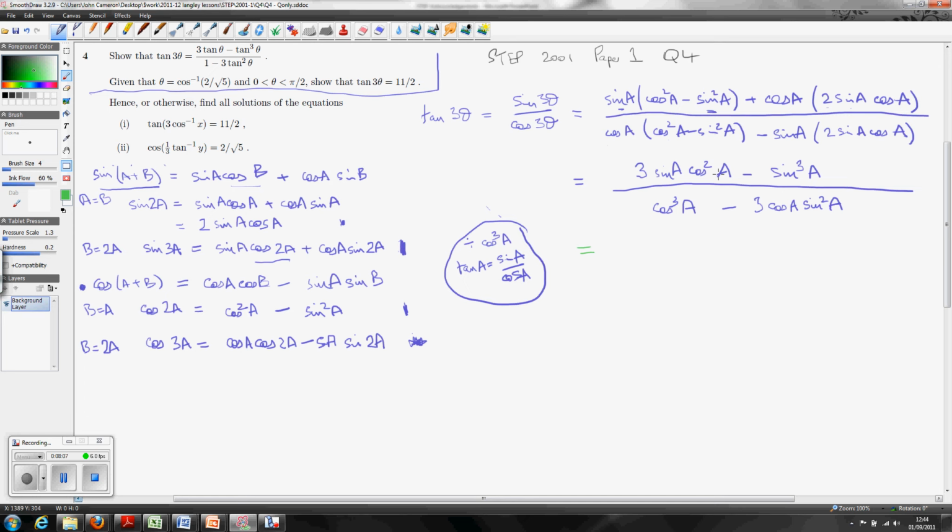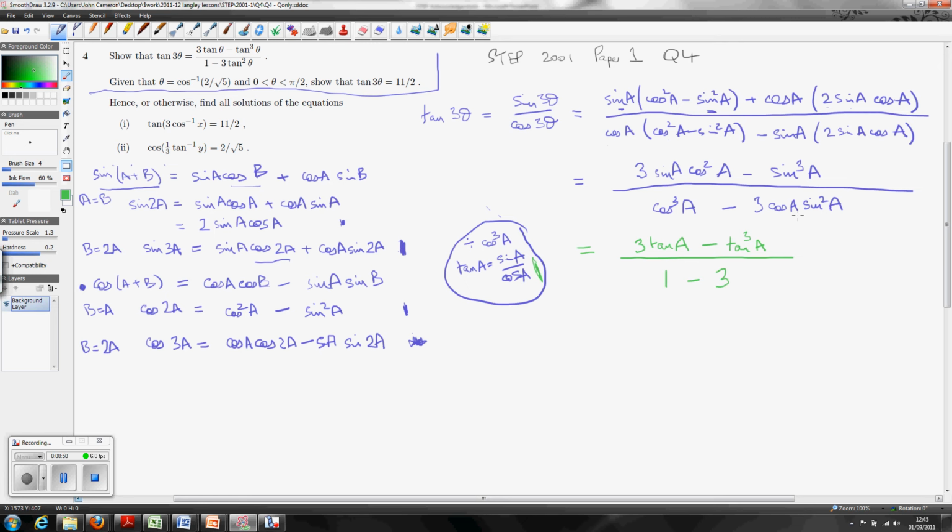So this is equal to, now I'm dividing by cos cubed A. So the cos cubed A is going to cancel the cos squared A and leave one cos over. And I'm going to get left with 3 sine A over cos A, which is 3 tan A. The next term is sine cubed A over cos cubed A, which is sine A over cos A cubed, which, using this, is tan cubed A. Just dividing every term by cos cubed A. The easiest of all, the denominator, divide cos cubed A by cos cubed A, I'll get 1.